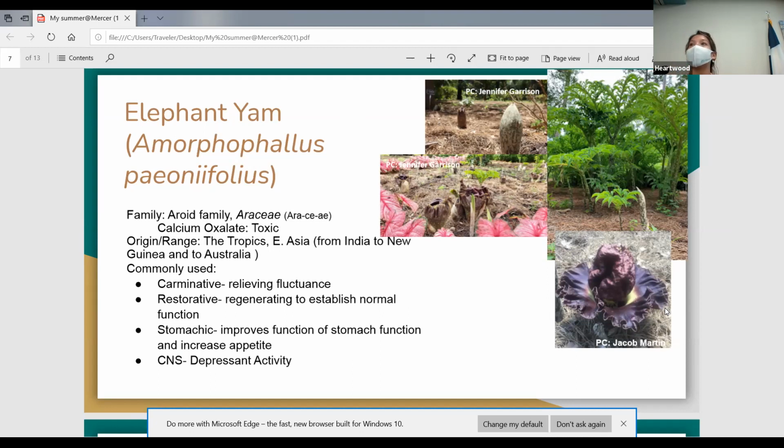Now for its medicinal uses in the native area, it's commonly used for curative, restorative, and stomach purposes, which means that it's used as a medicine to relieve flatulence and used to promote natural digestive organ function. In one of the studies that I focused on, not concerning the digestive issues, is its CNS, the central nervous system depressant activity that its extract exhibited in Swiss albino mice.